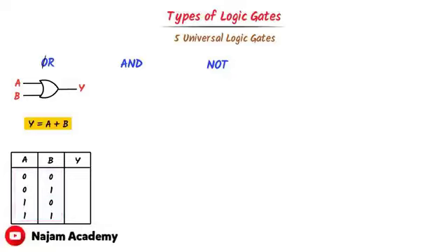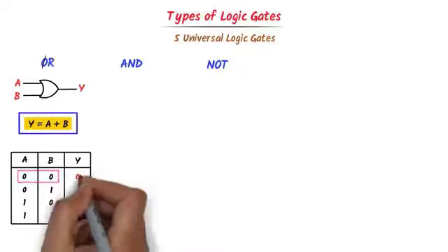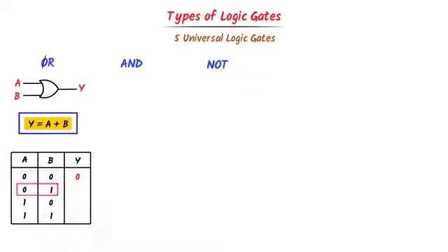What about the value of Y? Well, OR gate always sums up the value. 0 plus 0 is equal to 0, 0 plus 1 is equal to 1, 1 plus 0 is equal to 1, 1 plus 1 is equal to 2. But in Boolean algebra, there is no such digit like 2. So 1 plus 1 is equal to 1. Thus this is the truth table of OR gate.